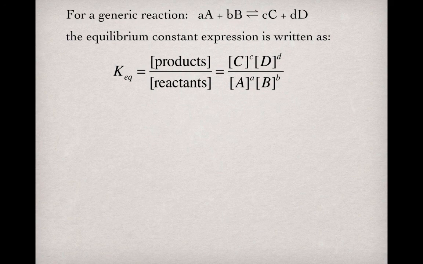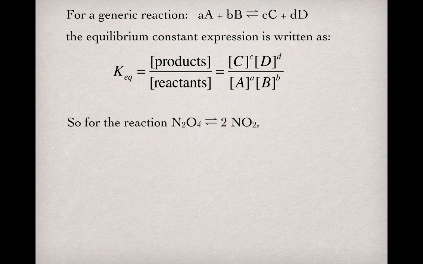The equilibrium constant, KEQ, is equal to products over reactants. So we have the concentration of component C raised to the power of its stoichiometric coefficient from the balanced reaction, little c, times the concentration of D raised to the little d, over the concentration of A raised to little a times the concentration of B raised to the little b.